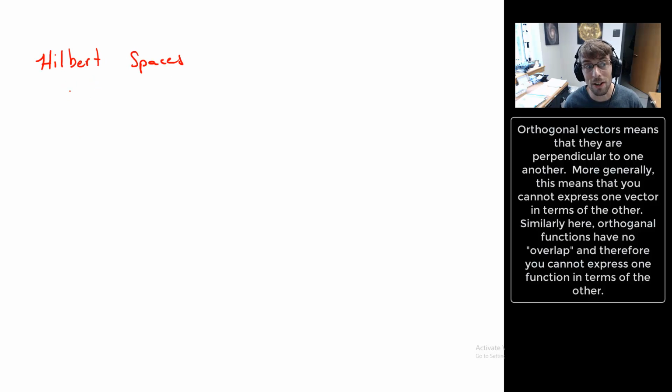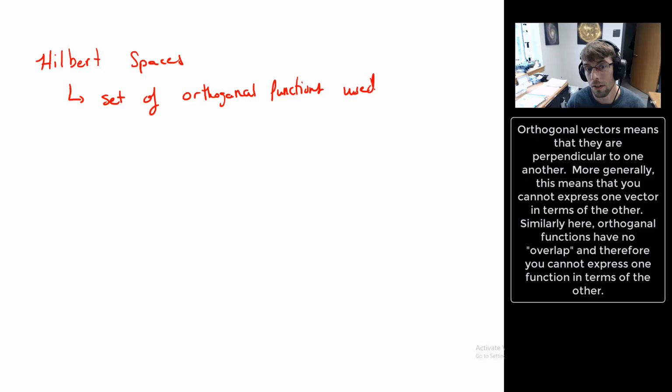A Hilbert space is a set of orthogonal functions that can be used to represent any other function over the specified interval.